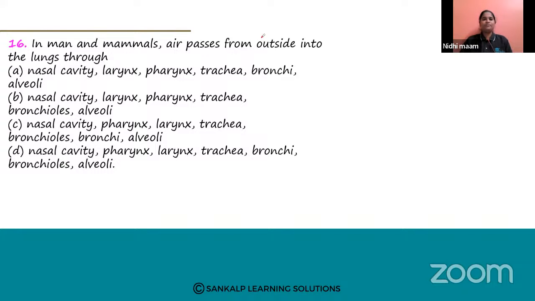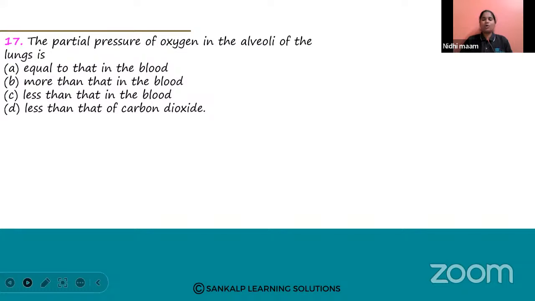Next question, the partial pressure of oxygen in the alveoli of the lungs is equal to that in blood, more than that in blood, less than that in blood, or less than that of carbon dioxide.